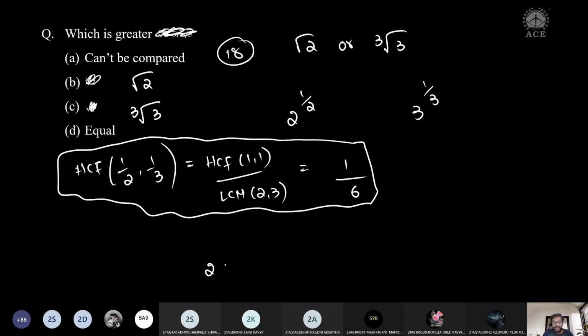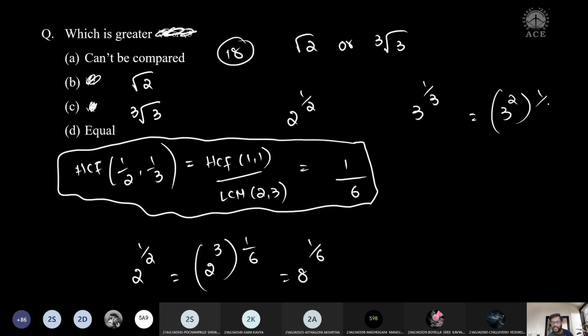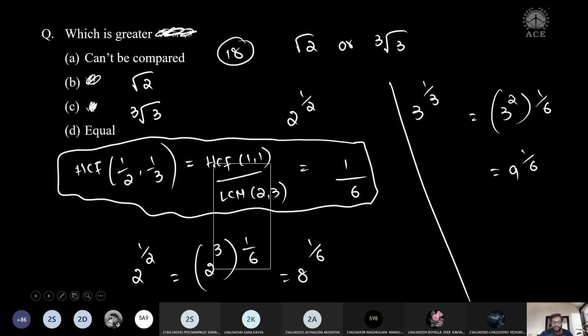1 by 6 we should maintain means I can write this as 2 cube whole power 1 by 6. This 2 power 1 by 2 can be written as 2 cube whole power 1 by 6, means 8 power 1 by 6. 3 power 1 by 3 can be written as 3 square whole power 1 by 6, which is 9 power 1 by 6. Now you can decide which is largest, greater is obviously cube root 3.